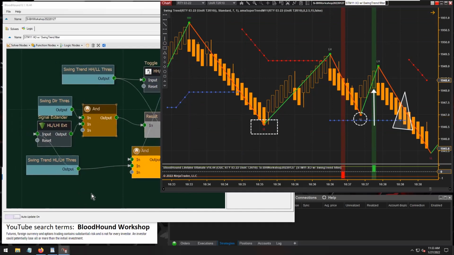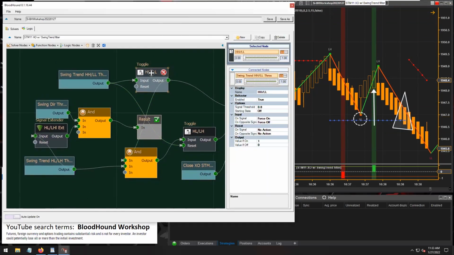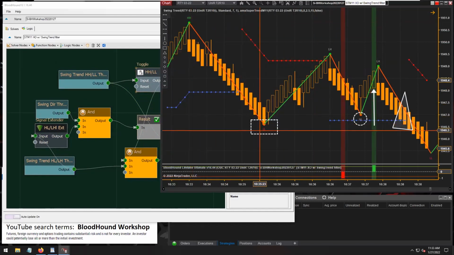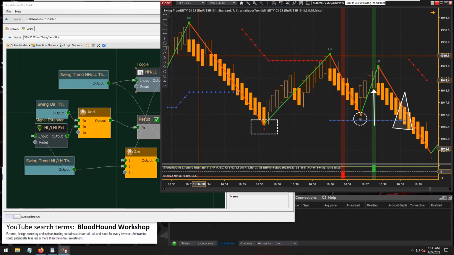So remember, we have a toggle node here identifying the higher highs and lower lows, but of course we go from a higher high straight to a lower low. But let's say this was a higher low. So we have a higher high to higher low.